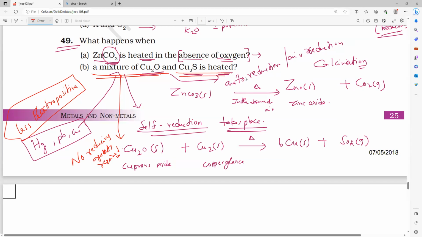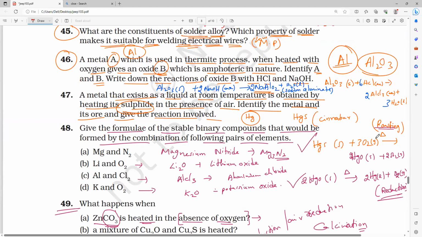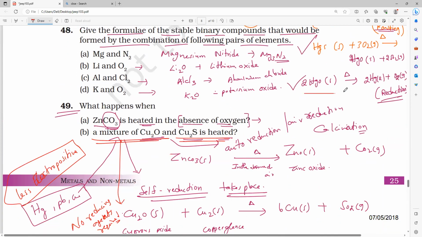So for example, if you take mercury, it is used as a sulfide ore. When concentrated HgS is heated in the presence of excess air, it directly converts into what? Just now we have done. HgO. And then HgO, if you further heat it, directly converts into what?